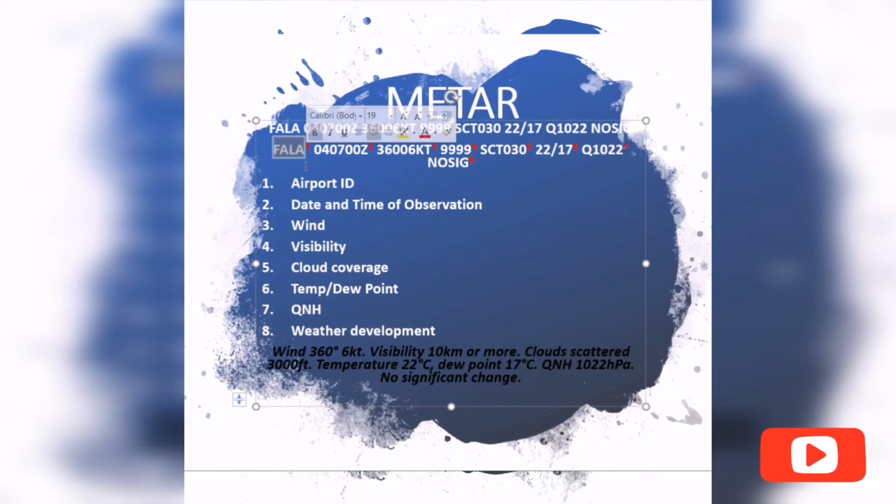Quickly, this is how to read this particular METAR. Observed at Lanseria International Airport in South Africa, Johannesburg, on the 4th of the month at 0700 Zulu, and wind was 360 degrees true. That is coming from the north.